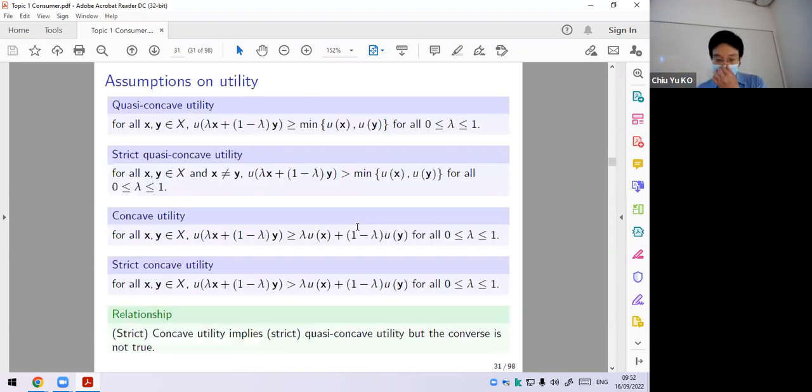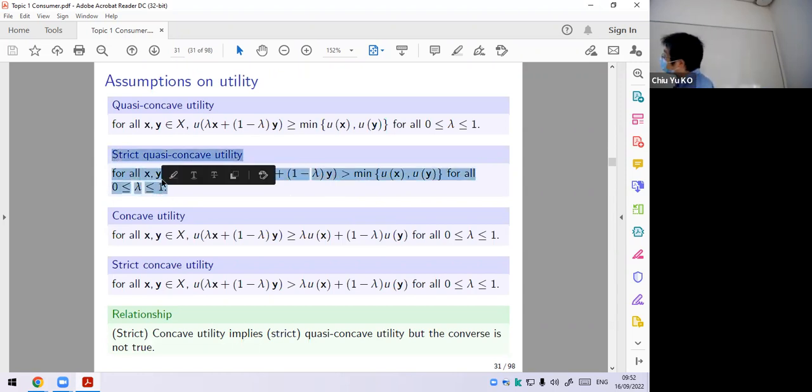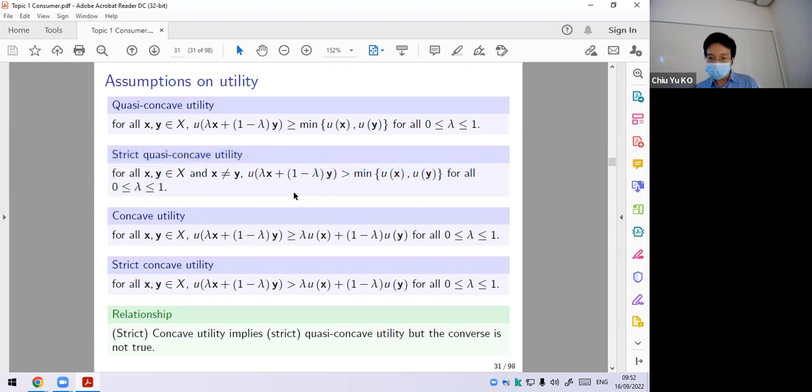Next, I just remind you we have some assumptions on the utility. The most important one we're trying to use is quasi-concave utility. It says that if you mix two bundles, the mix is better than the minimum of the original bundles. Mixing is always better off.